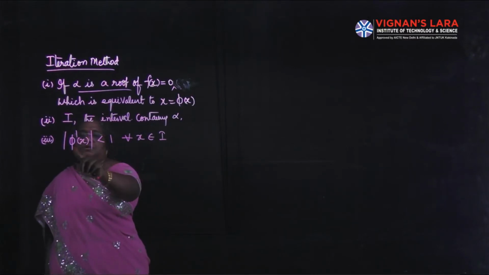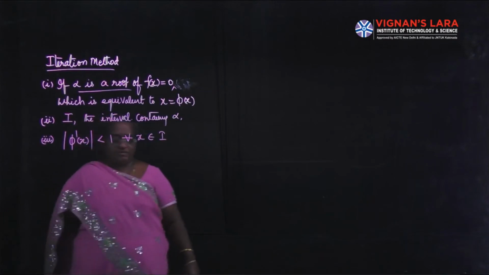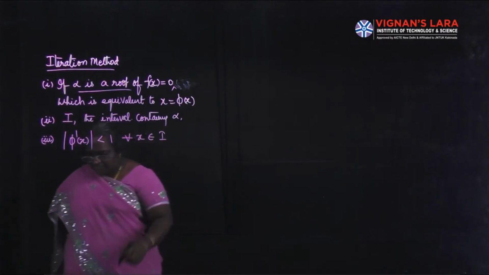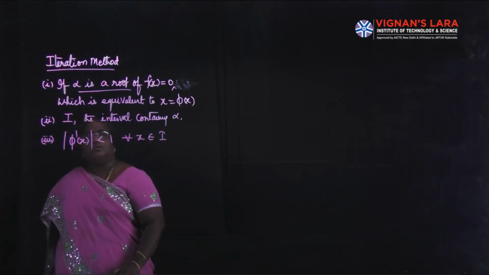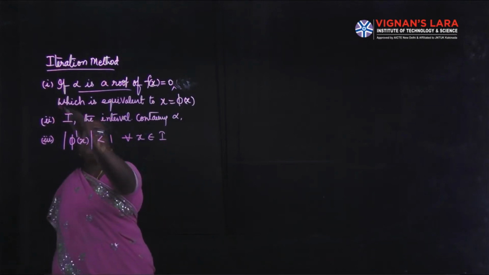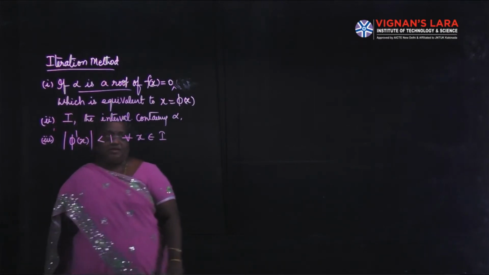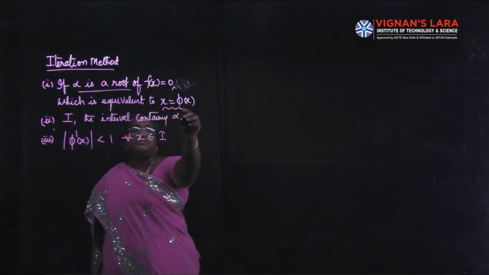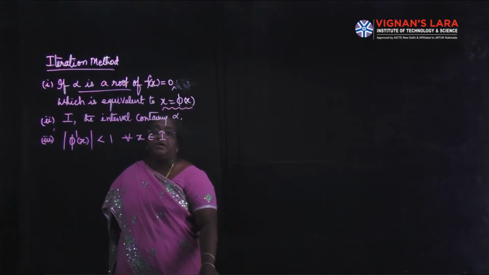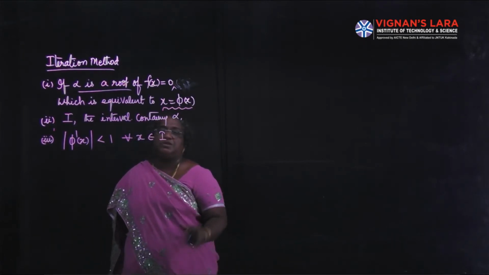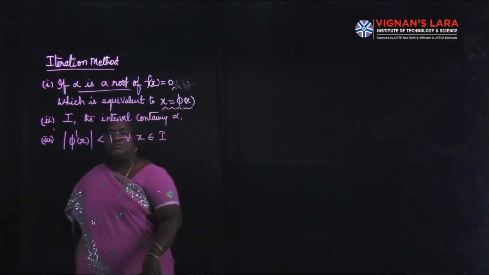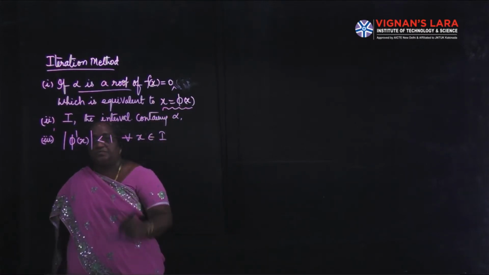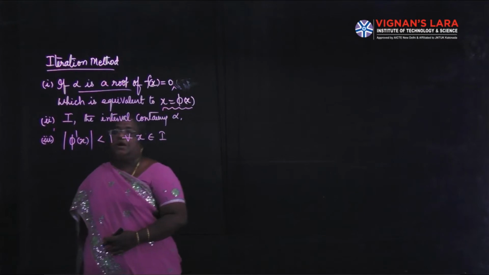Whether it is minus or plus, we don't bother, we consider only the positive value. So that is the condition. If all these three conditions are satisfied, then we perform iterations on x is equal to phi of x for x naught, x1, x2, and so on. When two successive values are the same, we stop the iteration. This is about the iteration method.